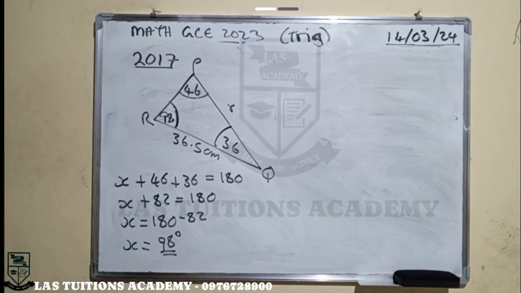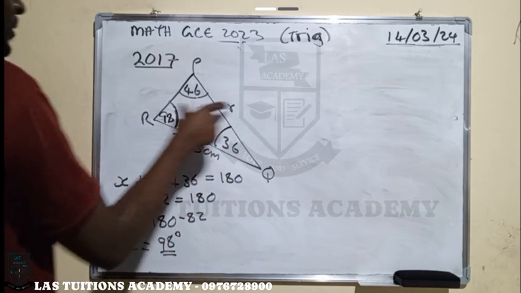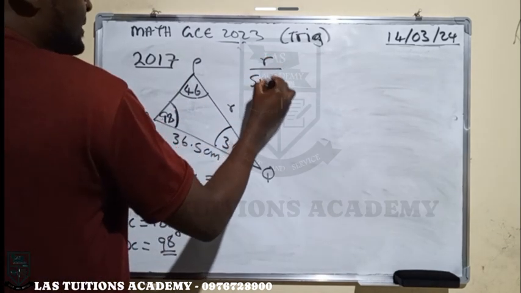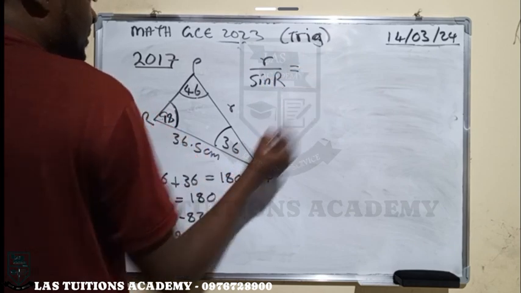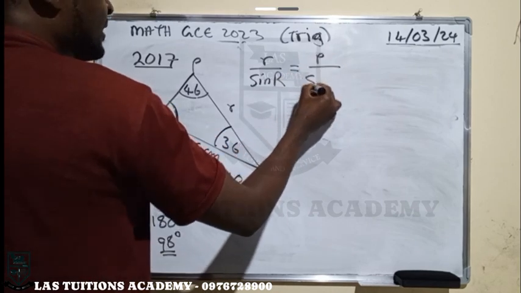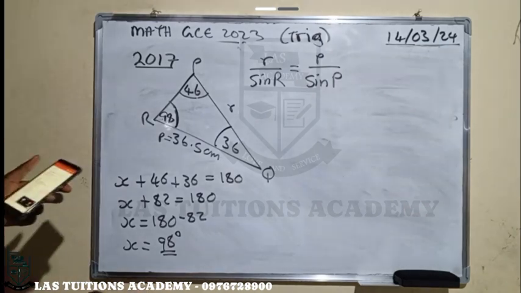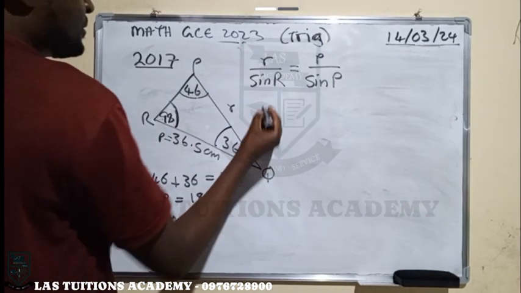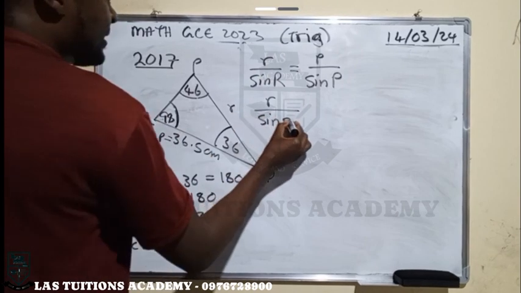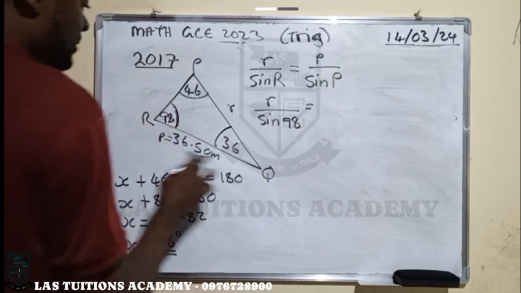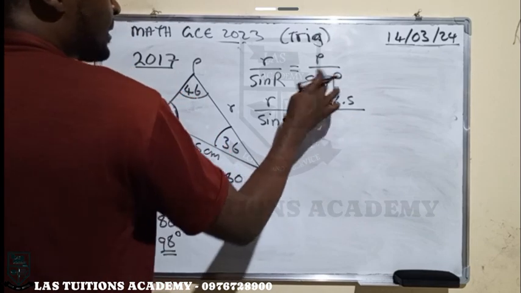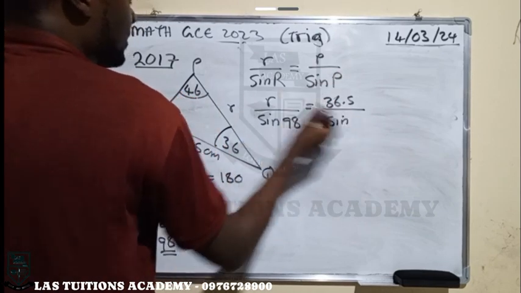So now we have a full set for this and what we are looking for. So I'm going to say r over sine big R, the angle R there, is equal to small p, this is our small p here, over sine angle P. Our r we don't know. So r over sine 98 is equal to 36.5 over sine 46.